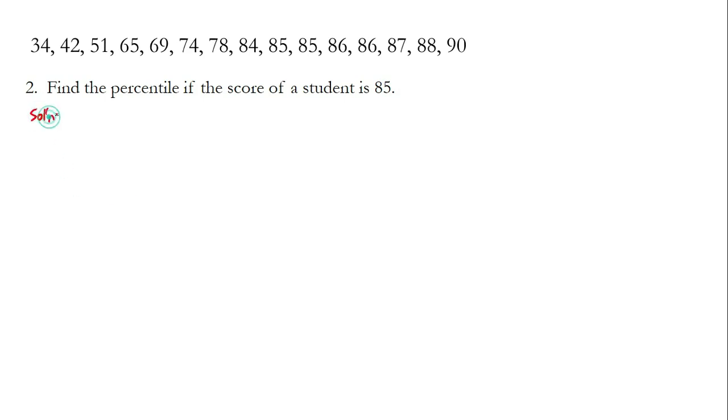Using again the formula, L equals K over 100 times N. Now, the given, we have score of 85, and then our N is 15. We need to find K because we are talking about the percentile.